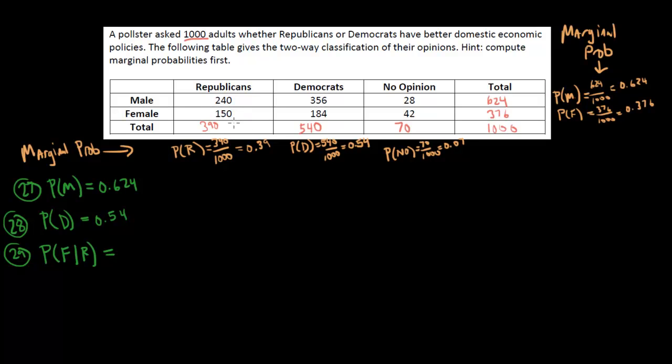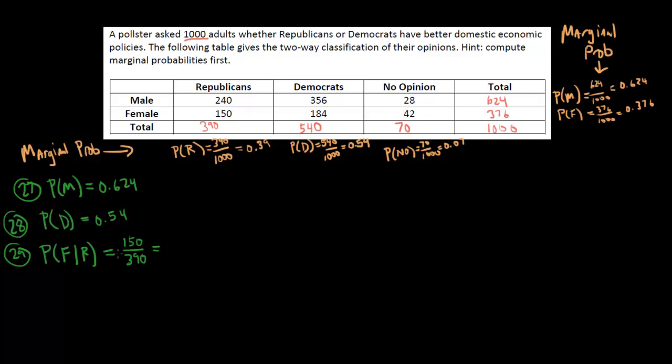So once a person is in that column, what's the probability of that person being female? Well, there's 150 females in that column, and there's 390 total in that column. So it's 150 out of 390.